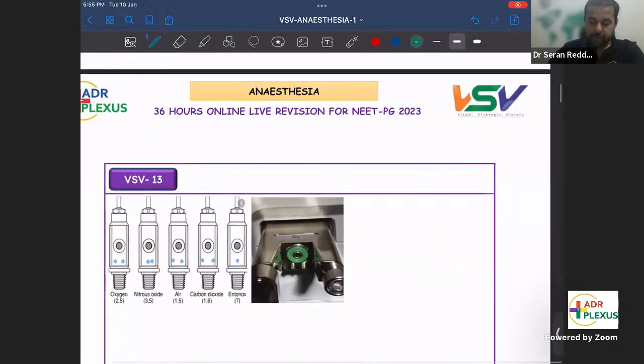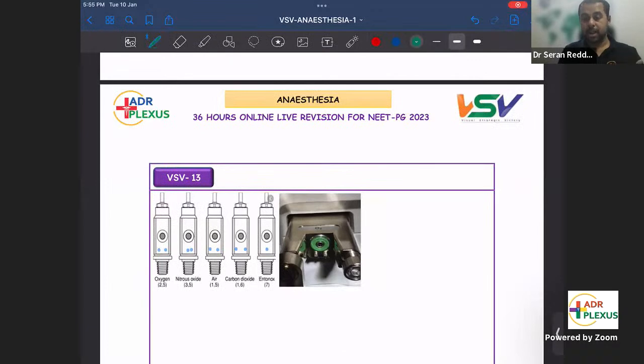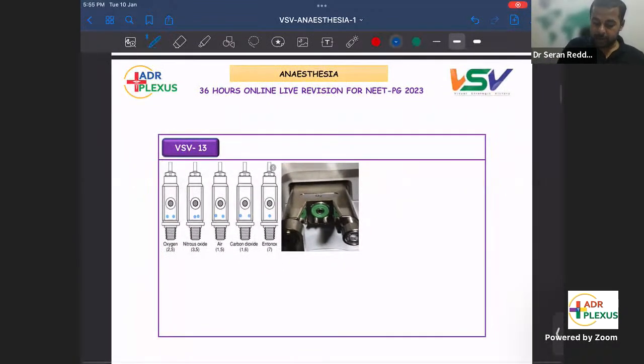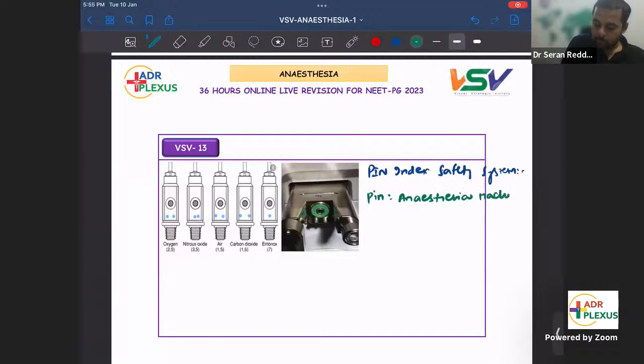The yoke system also contains the pin index. The pin index safety system is where the pin is present in the anesthesia machine and the hole is present in the cylinder wall.